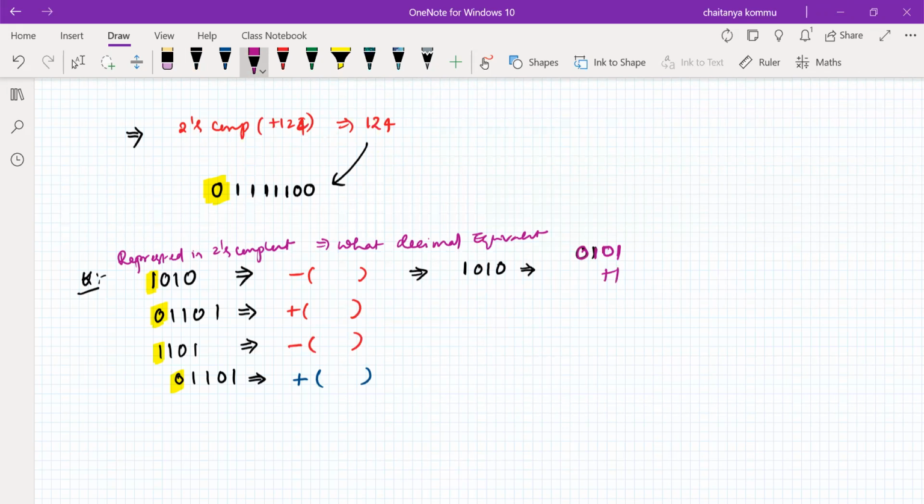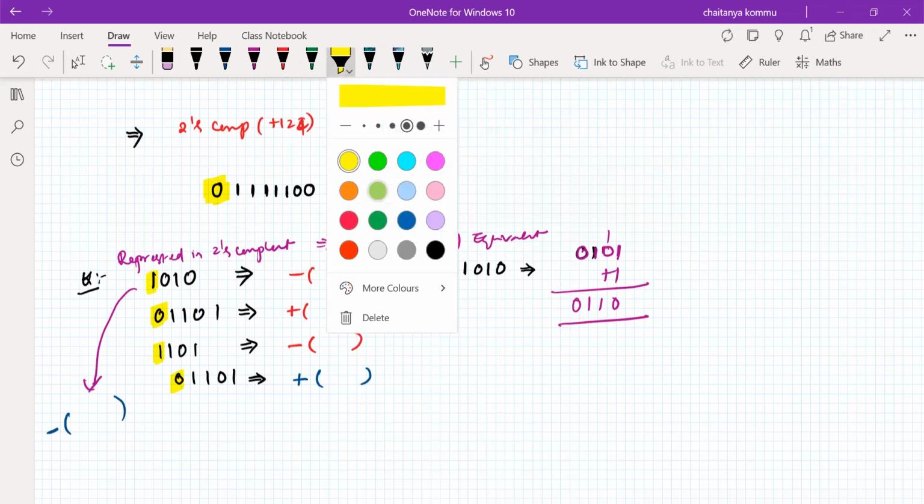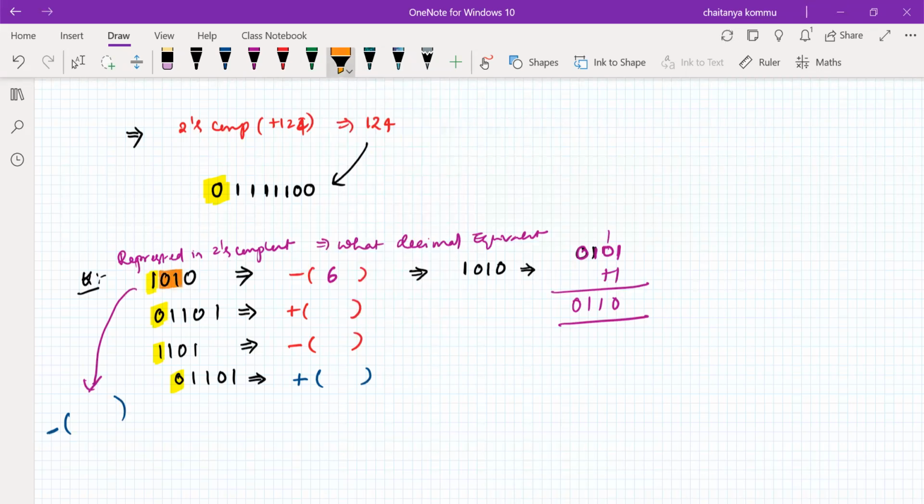So previously, if it is a sign magnitude representation, the leading 1 stands for minus. What is the remaining? I have to consider only these 3 digits, right? Agreed? What is this value? 2 only. In sign magnitude representation, that data is -2.